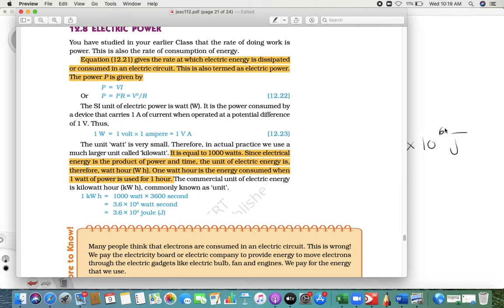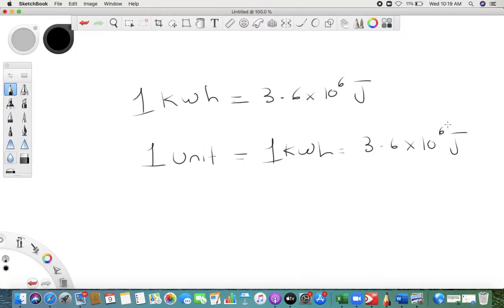So what is 1 unit? How can you say that your bill has increased or your meter has increased by 1 unit? Let's say you are taking a 1000 watt bulb. If you use this bulb for 1 hour, either continuous or in breaks, then we say 1 unit is consumed.